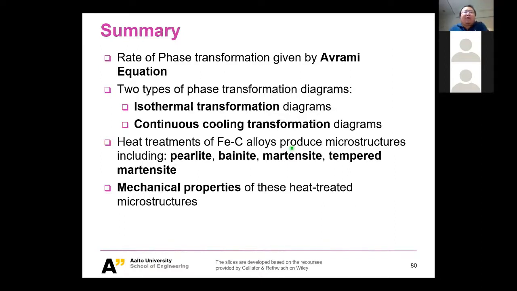One is isothermal transformation, one is continuous cooling transformation. And applying those temperature-time diagrams, you see four important phases related to their microstructure, and also some more phases. I gave you a general trend.